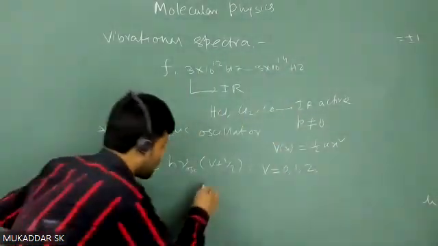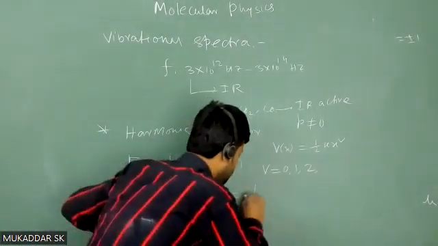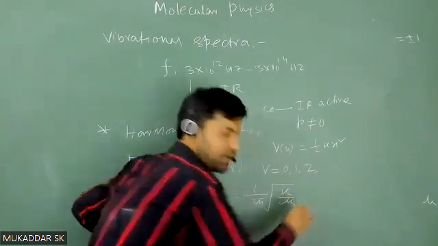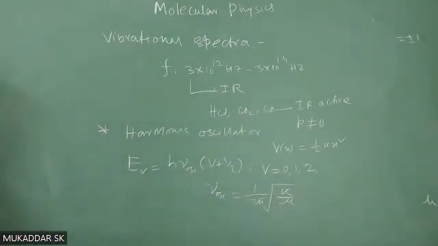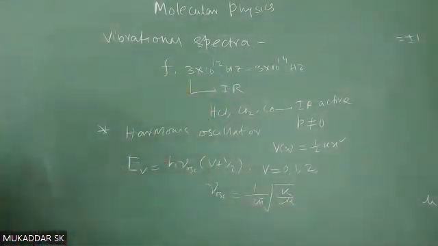Where nu is nu OSC, this is called oscillation frequency, and that will be 1 by 2 pi root over k by mu, where k is the force constant and mu is the reduced mass of the system.